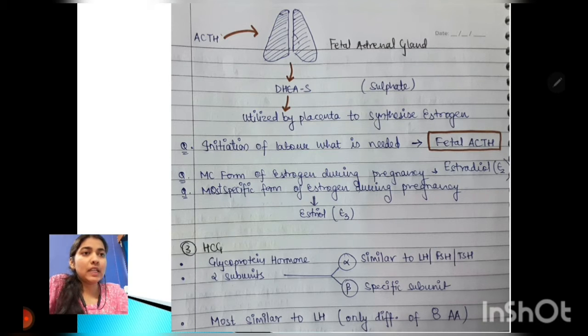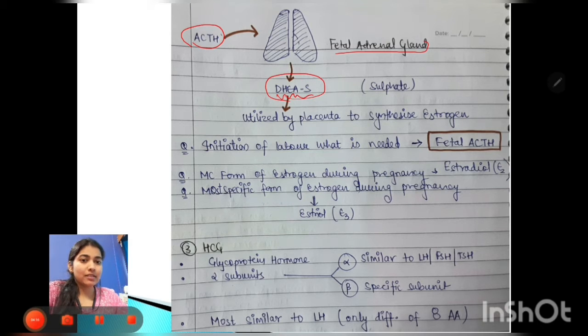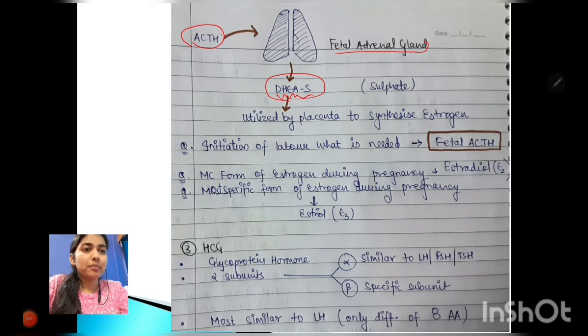The fetal adrenal gland, stimulated by ACTH, releases DHEA sulfate, dehydroepiandrosterone sulfate, which is utilized by the placenta to synthesize estrogen.